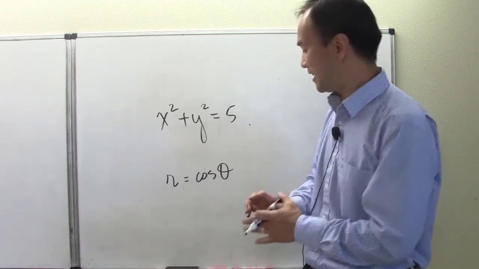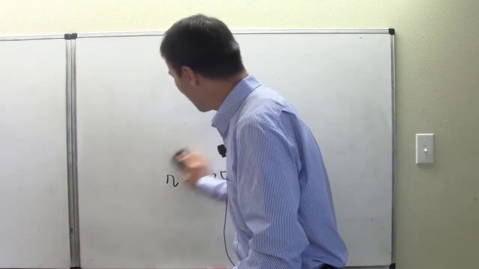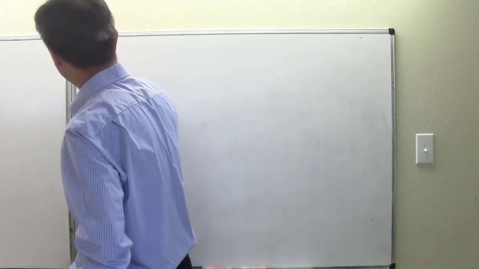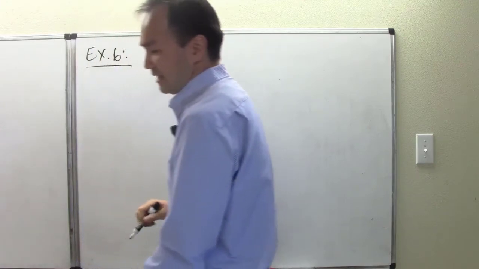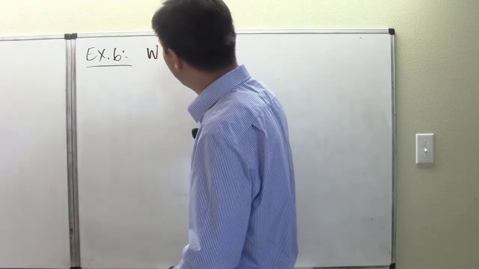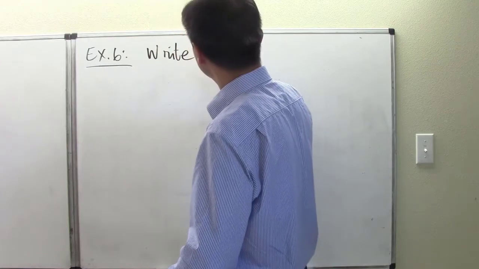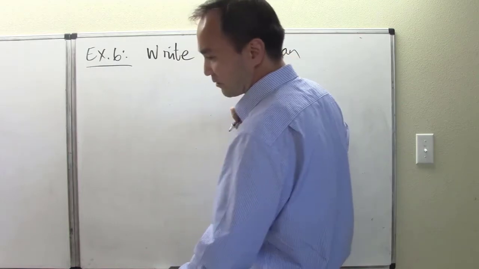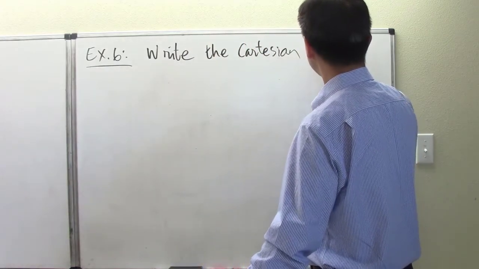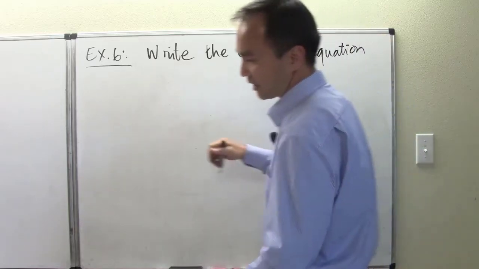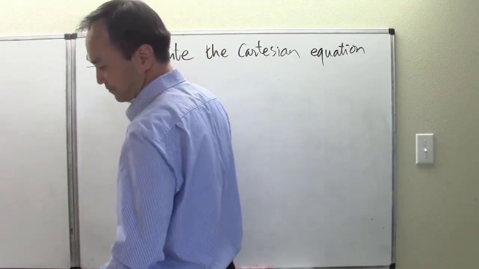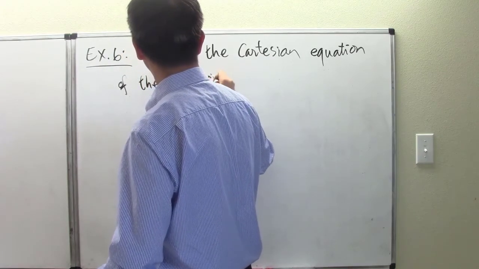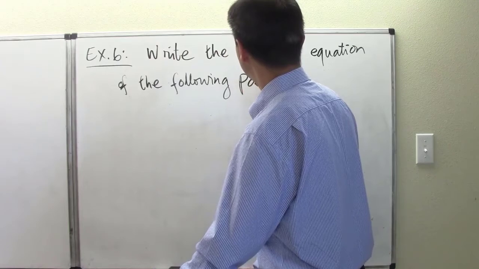All right, so now I am going to get straight into example number 6 to continue from our last example. We want to write the Cartesian equation of the following polar equation.